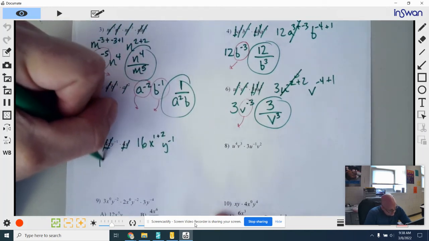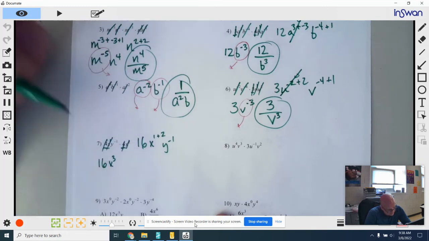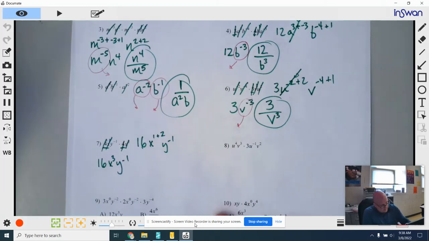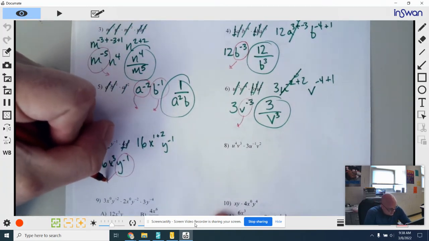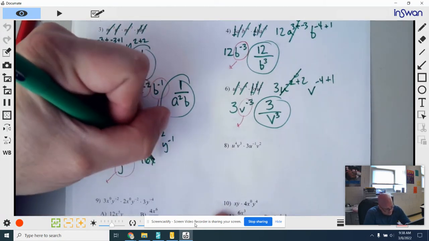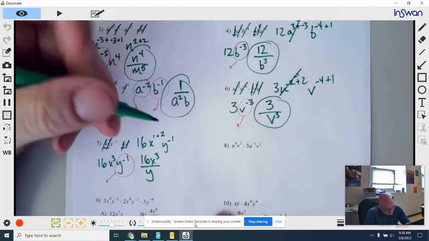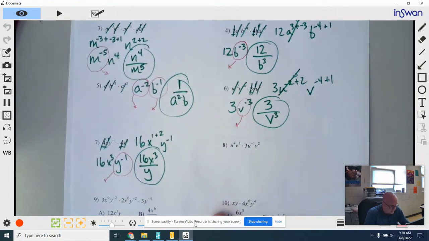So that's going to simplify it to 16x to the 1 plus 2 gives you 3, and then you got y to the negative first power. So we circle whatever's got a negative exponent. That piece comes underneath. So we have 16x to the third power up top, and then the y comes underneath like that. And because it's to the first power, I just leave it like that. So 16x cubed over y.